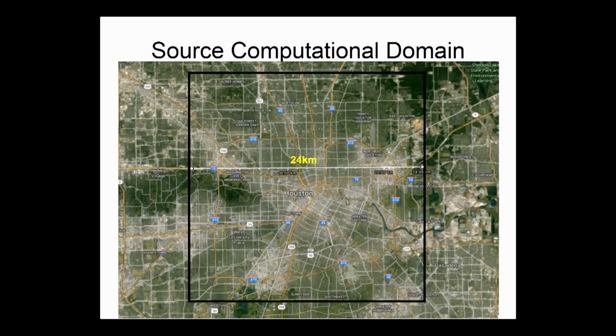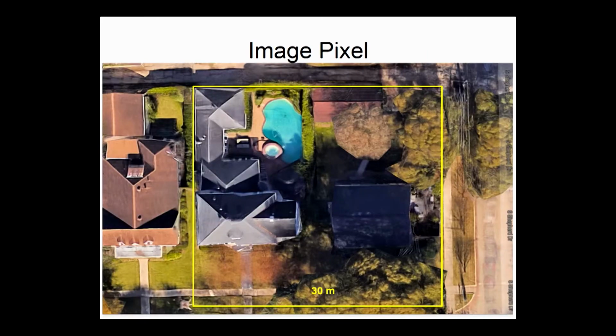To give you a sense of the scale of the computational domain we might use to image a single one of these sources, here's the 610 loop. The overall size of the area is a couple of tens of kilometers. And the resolution that we get out of these images is about the size of a typical suburban yard.